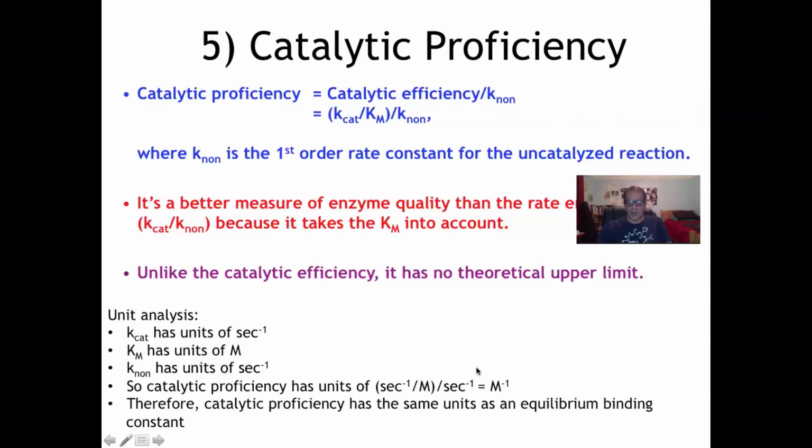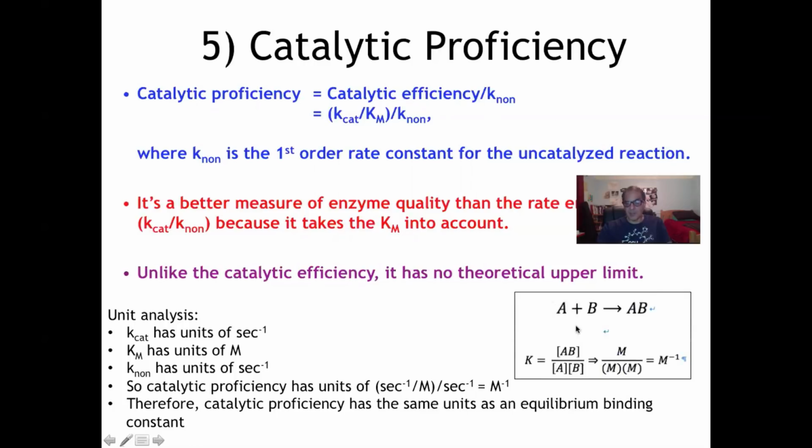Where else do we find a constant with this kind of units? Well, as it says here, equilibrium binding constants also have units of molar^-1. Here is a binding reaction. A plus B bind together to form the AB complex. The equilibrium constant for this reaction is sometimes called an equilibrium binding constant because it's the equilibrium constant for a binding reaction.